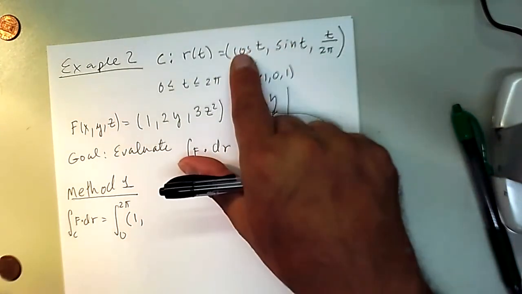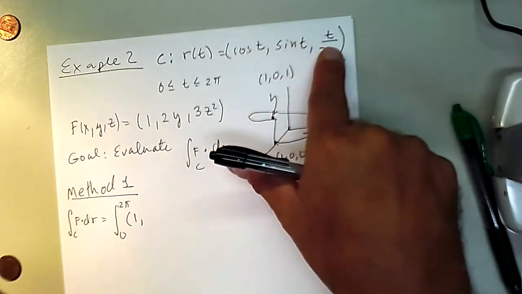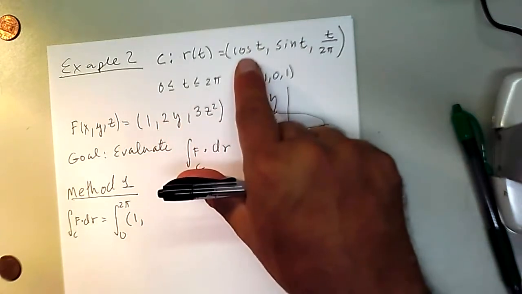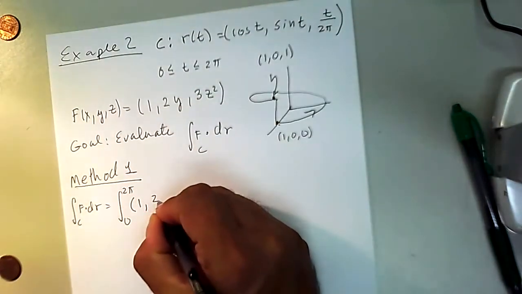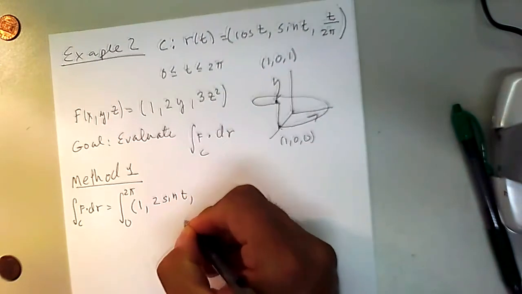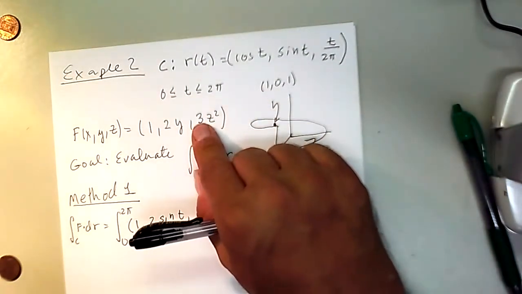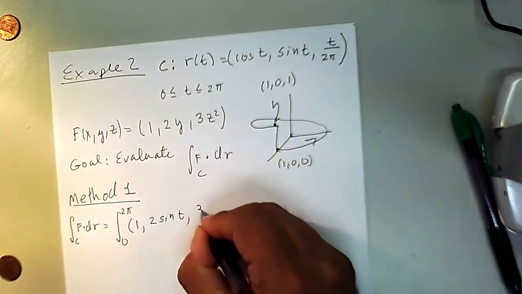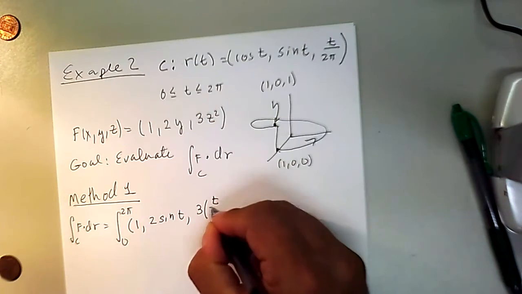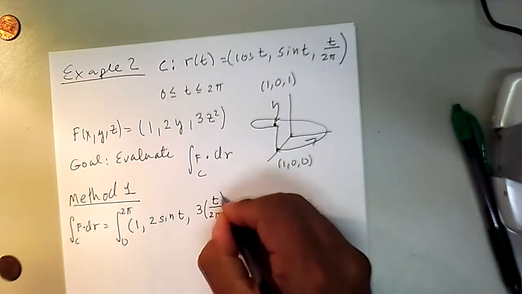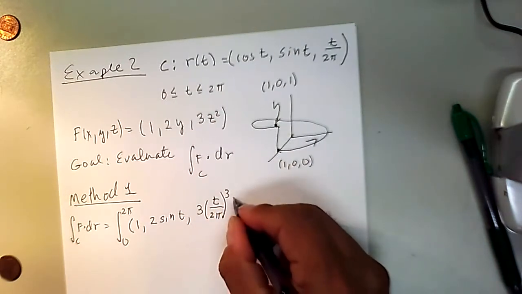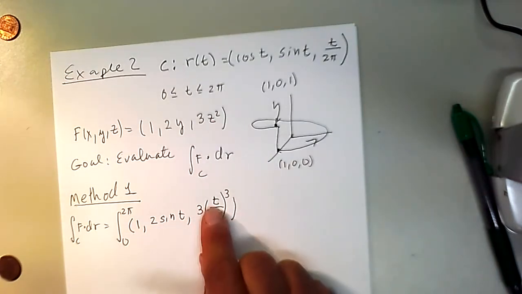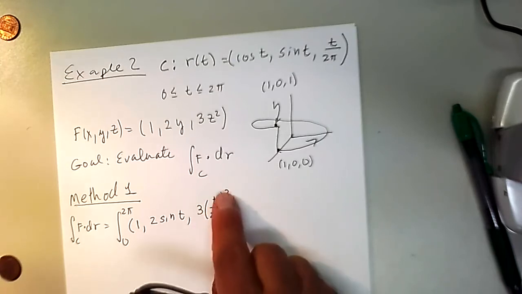Since this calls for 2y, we're going to put 2 sine t, comma, and then the third component is going to be 3z squared. So that means 3 quantity t over 2 pi cubed. Okay, so we got a vector with 3 components: 1, 2 sine of t, 3 t over 2 pi quantity cubed.